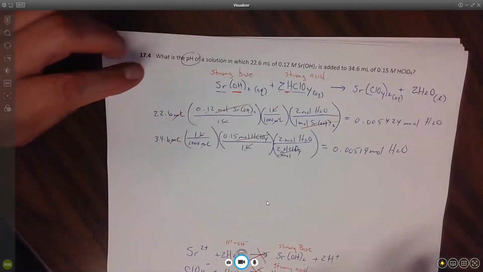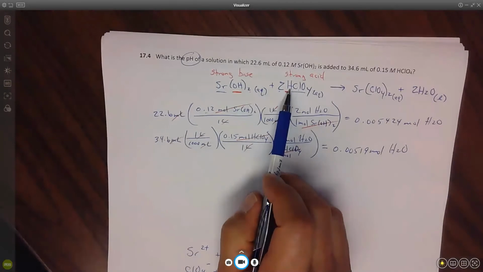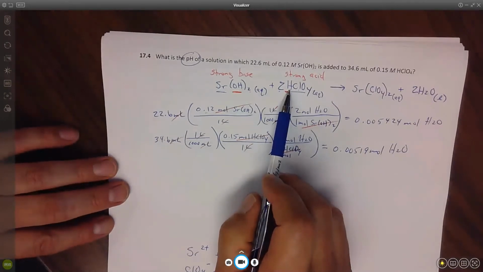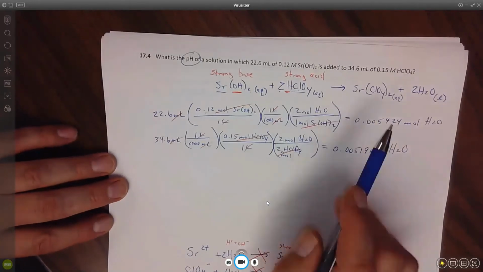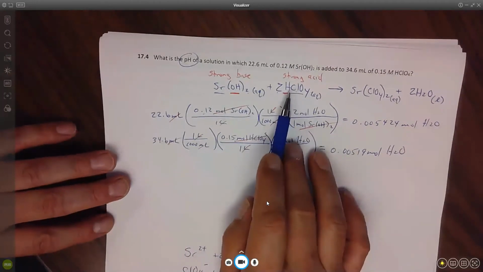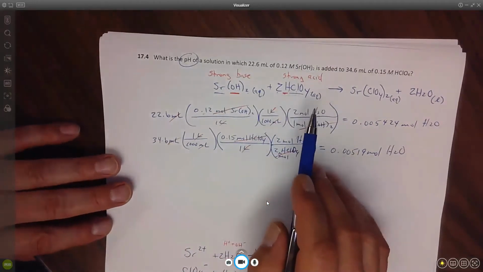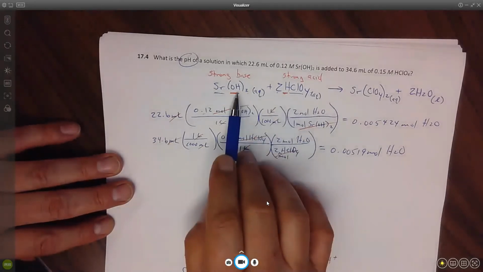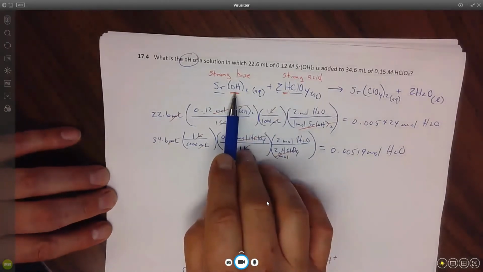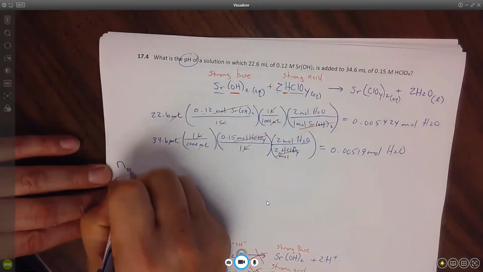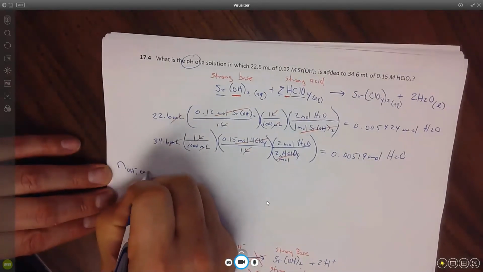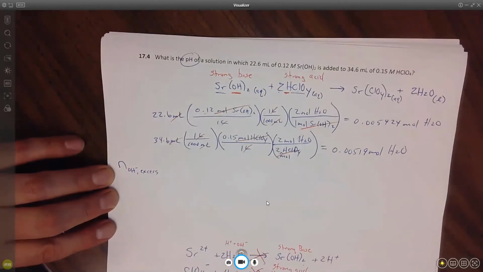I know that all the H pluses are going to be used up. We could have actually looked at the net ionic equation for this. So we know that all the moles of the hydrogen ion are used up, and we're going to have extra moles of hydroxide. So this then is going to be the excess hydroxide ion.